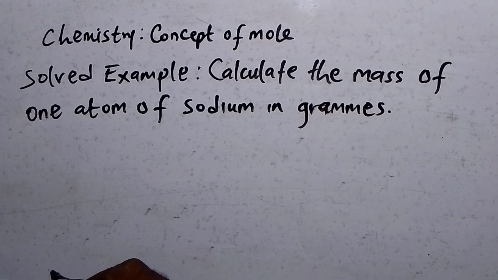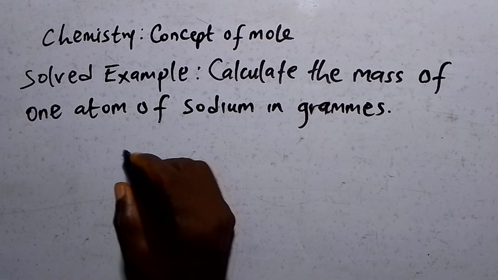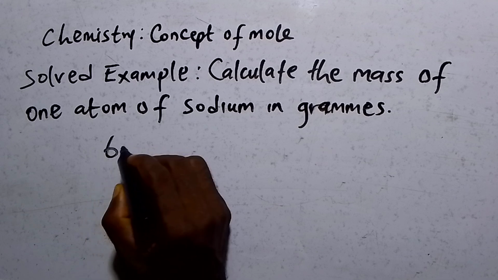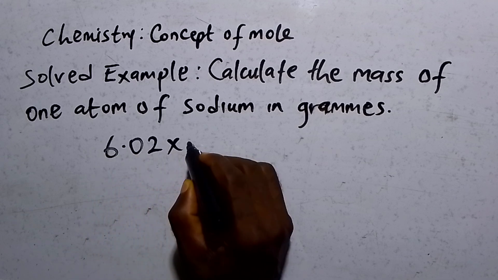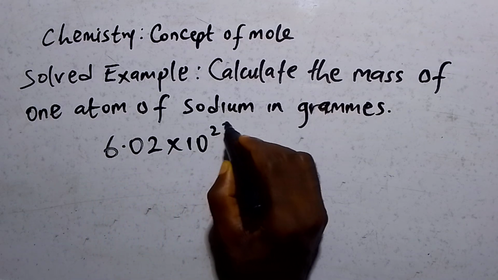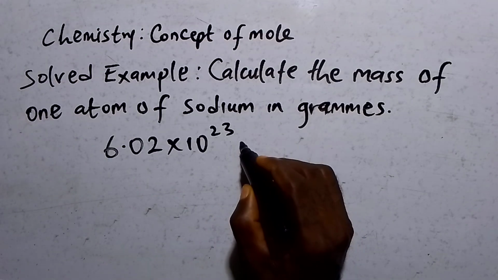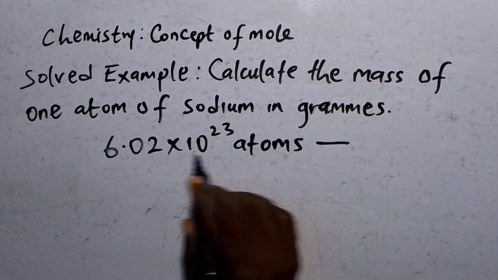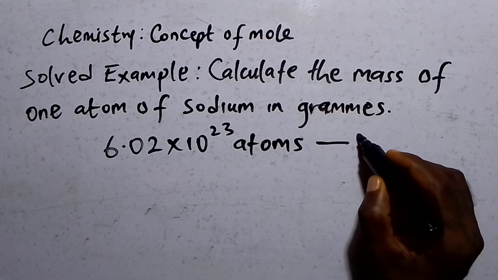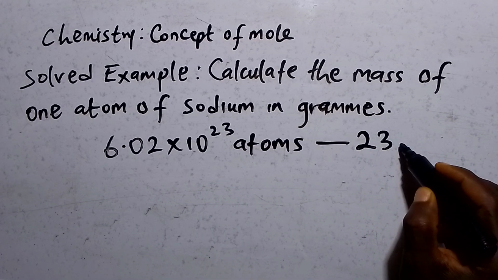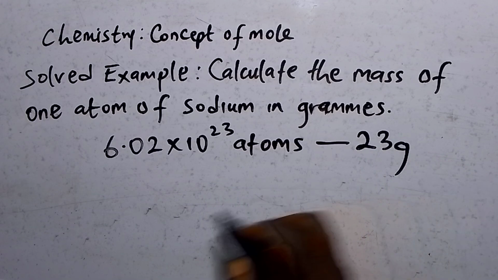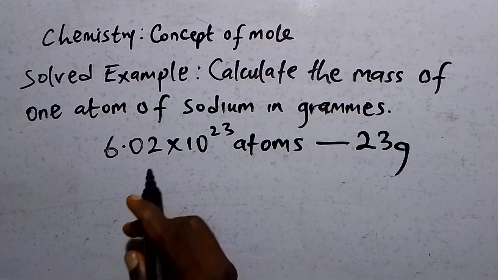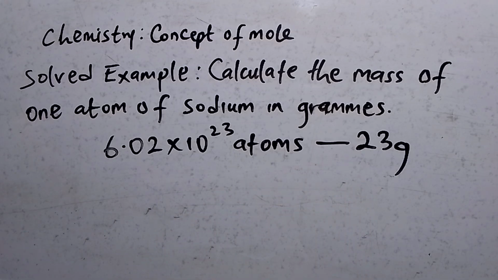So we don't know the mass of 1 atom of sodium, but we know that 1 mole of sodium, which is 6.02 times 10 raised to the power 23 atoms, has a mass of 23 grams.